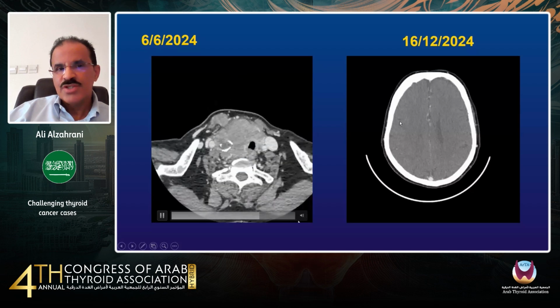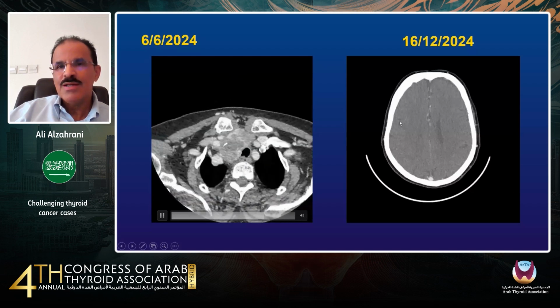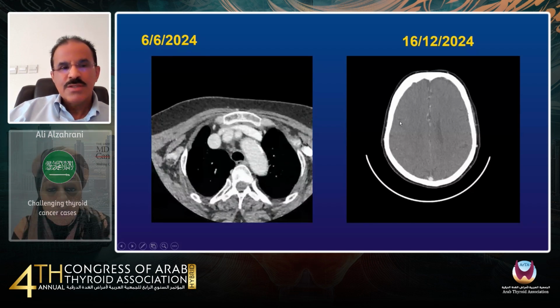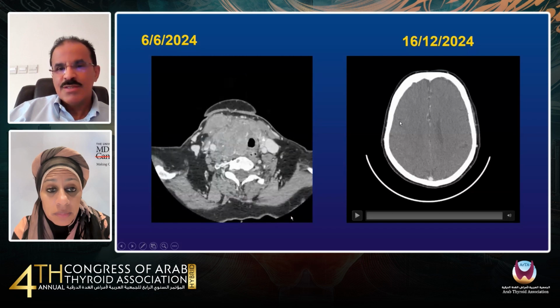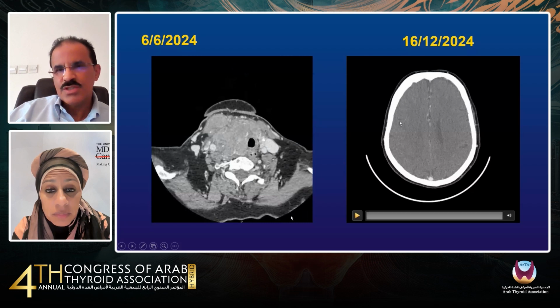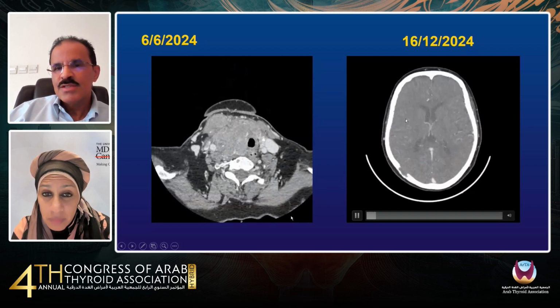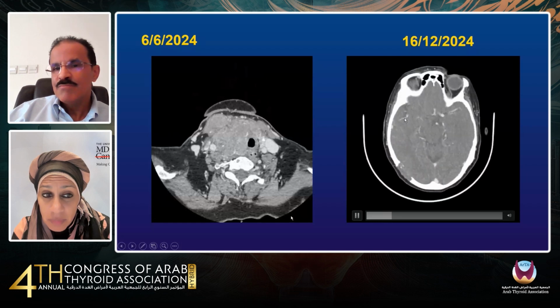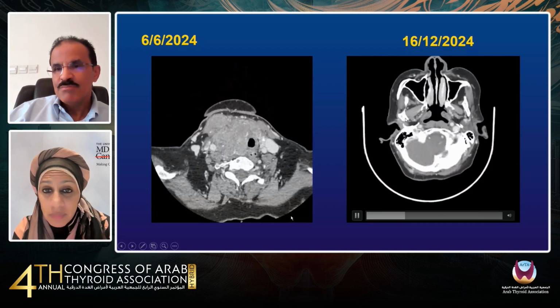You can probably appreciate it if you remember what we saw earlier. But more important is not 6 weeks later, 6 months later is in December 2024. She was started in April, and in December 2024, you can see no mass in the skull at all.